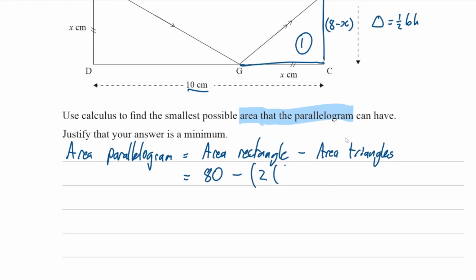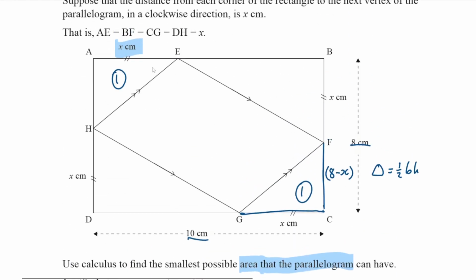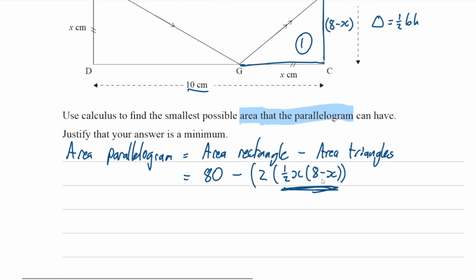So half times base, which is x, times height, which is 8 minus x. Cool. So in here, that is the area of triangle 1, half times base times height, and I put a 2 at the front because we have 2 identical triangles, 2 triangle 1s.